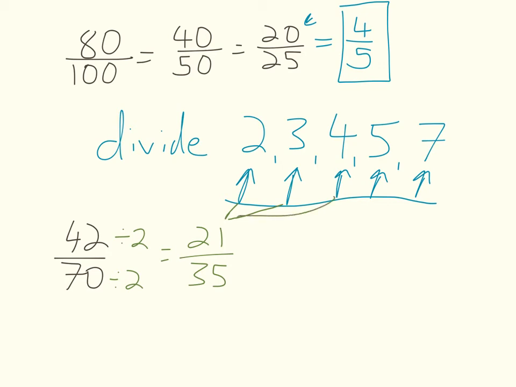Can't divide by 4 or 5 or 6, but I can divide the top and the bottom by 7. And that will leave me with 3/5, which again is 2 prime numbers, and so I definitely have the simplest form.